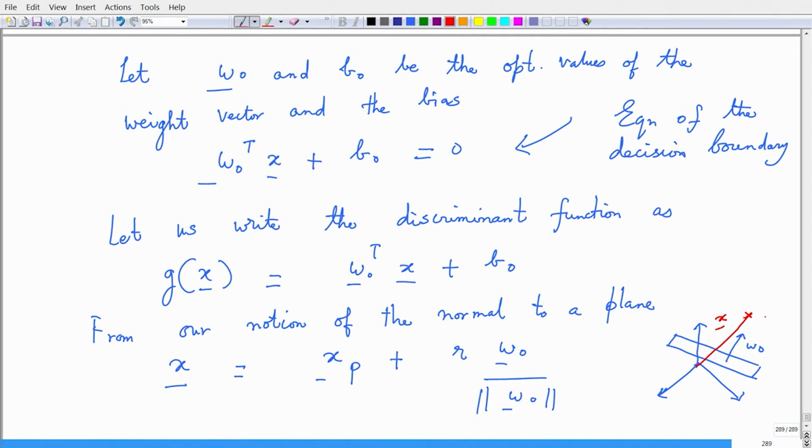And r is the algebraic distance between the point and this hyperplane, right.